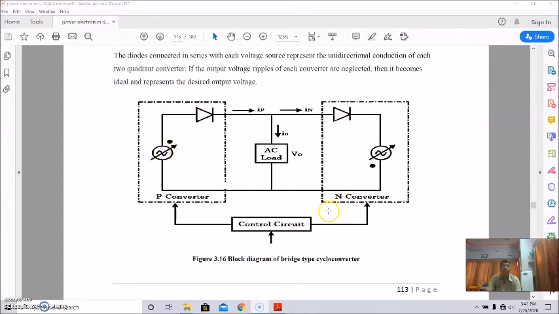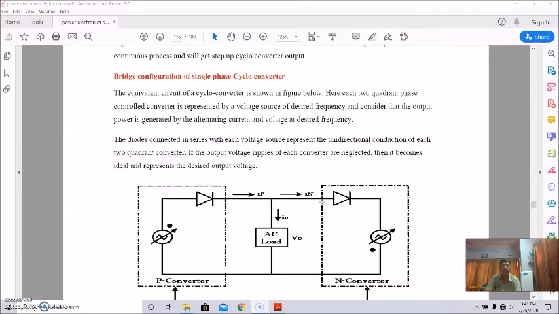So this is the block diagram of the bridge type cycloconverter. Here each two-quadrant phase-controlled converter is represented by a voltage source of the desired frequency, and we consider that the output power is generated by alternating current and voltage at the desired frequency.